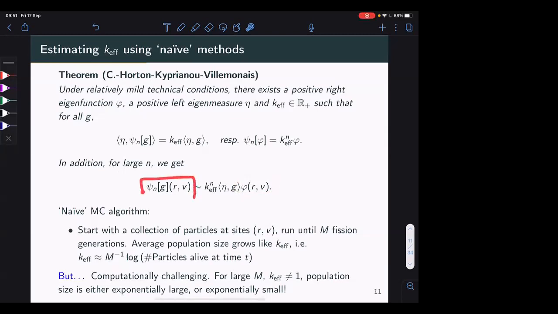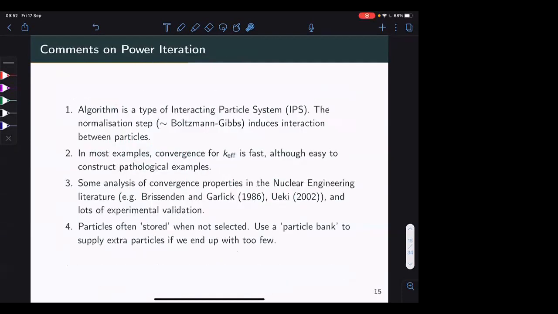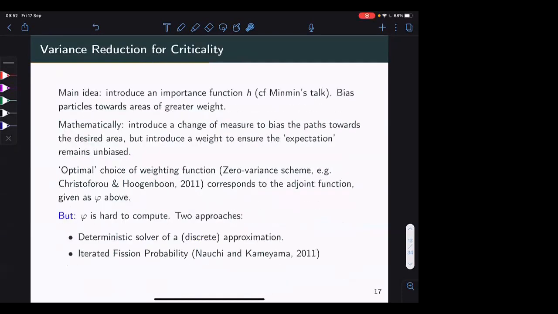I effectively want to compute this phi n, but normalized by this quantity here. So I start a bunch of particles from different locations. I simulate my criticality, I use this power iteration method to come up with estimates of k-effective for different starting points. And I compare these to get an estimate of this function phi.